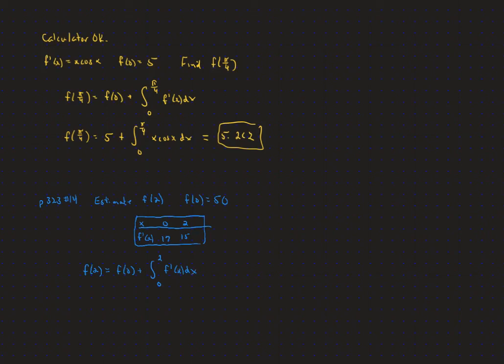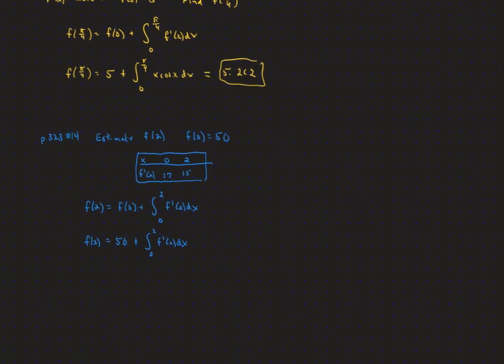Now we know that f of 0 is given to us as 50, and our challenge with this little bit of information is how can we approximate this integral from 0 to 2 of f prime. We're not really given much direction, so let's think of maybe a Riemann sum. And let's just choose maybe a right Riemann sum.